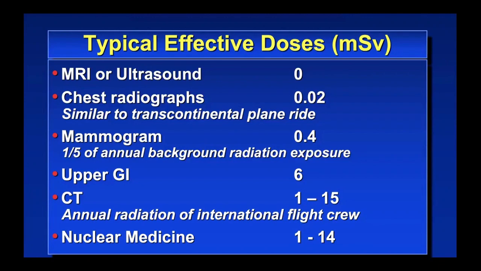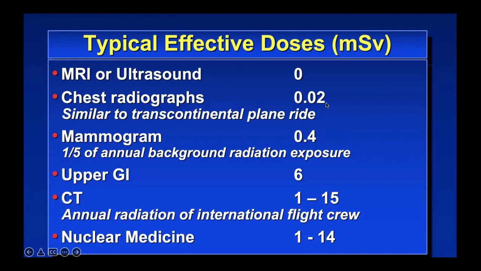Okay, I'm just going to skip this particular slide, but well, maybe I'll talk about it. So radiographs, sometimes patients ask, how much radiation am I going to get? And a good way to describe it is to say what it's equivalent to. A chest radiograph, for example, is similar to a transcontinental plane ride in North America.